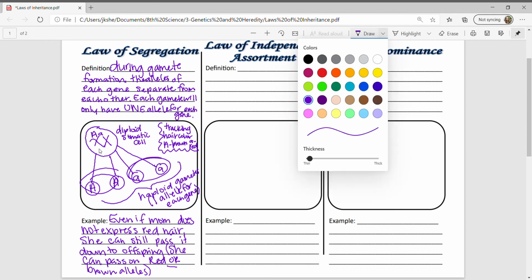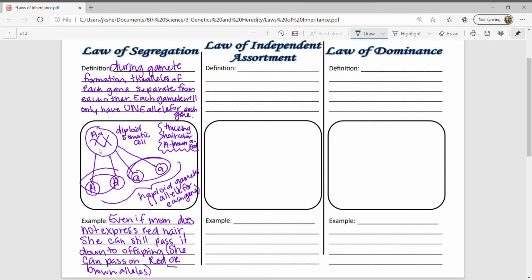Okay, let's move on to our next law. Our next law is the law of independent assortment. And this means that genes for different traits sort independently of each other in gamete formation.